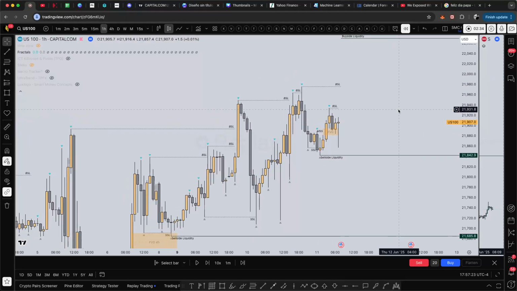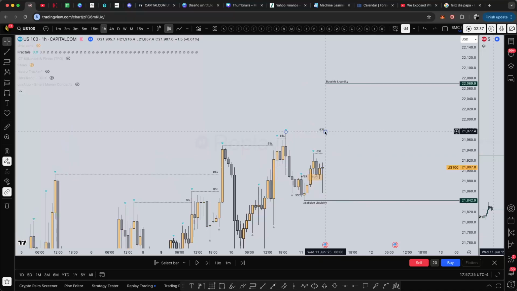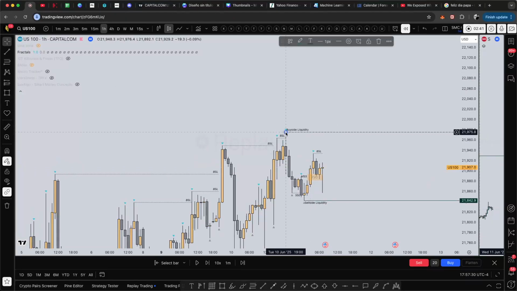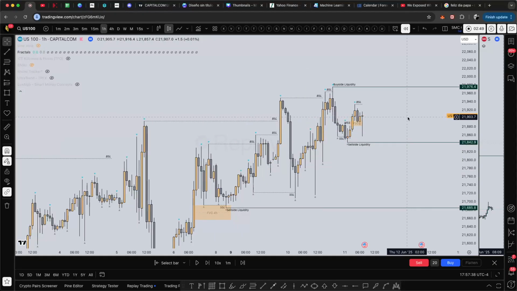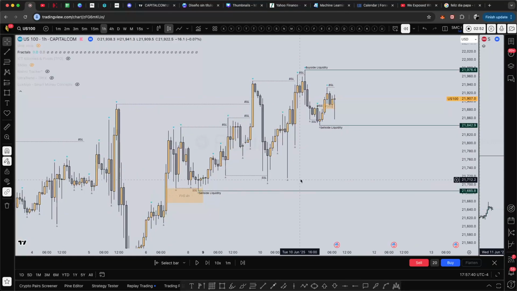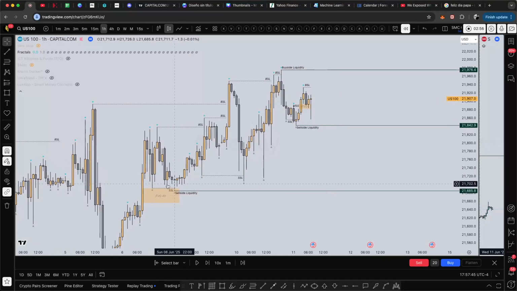Let me put this to the side here. Right there. So I saw this on a 1 hour. I've been saying pretty much the whole week, we have all these lows right there. It's just making me think that we will eventually run through these lows.